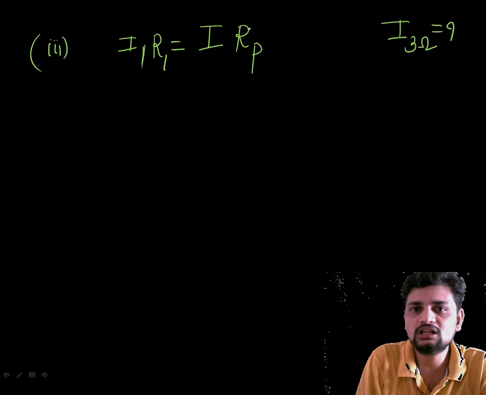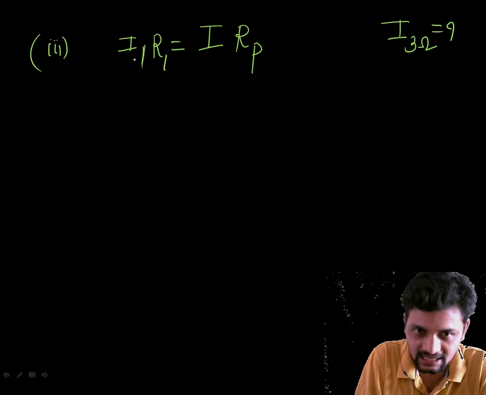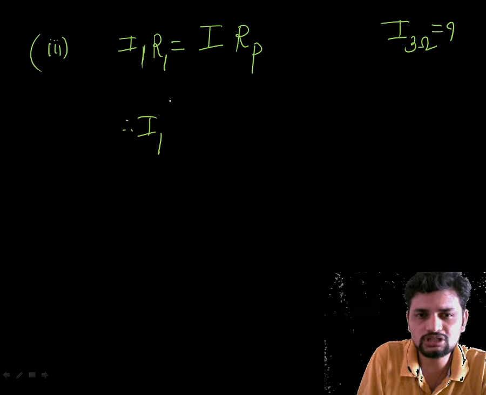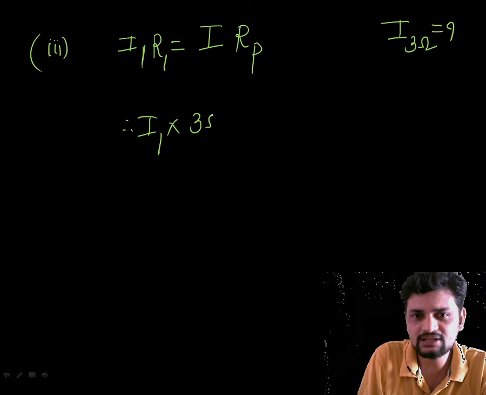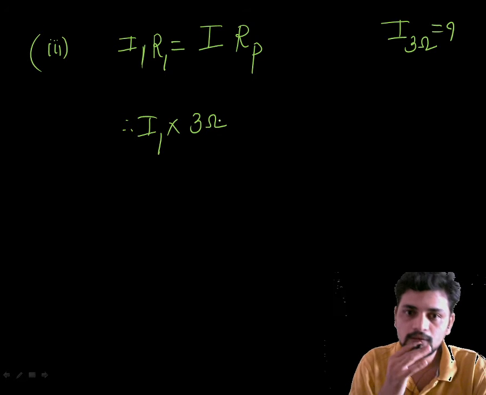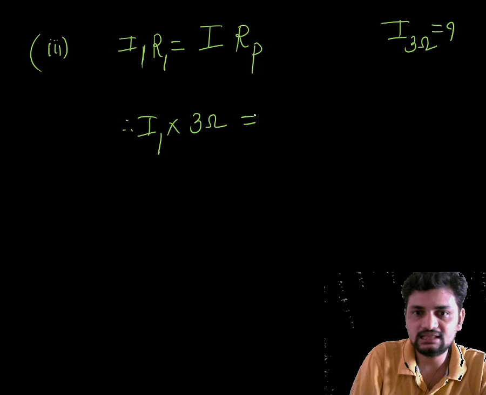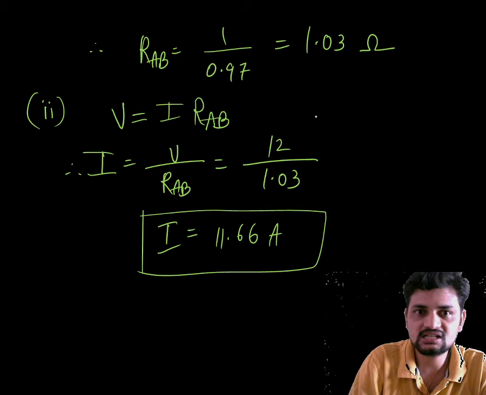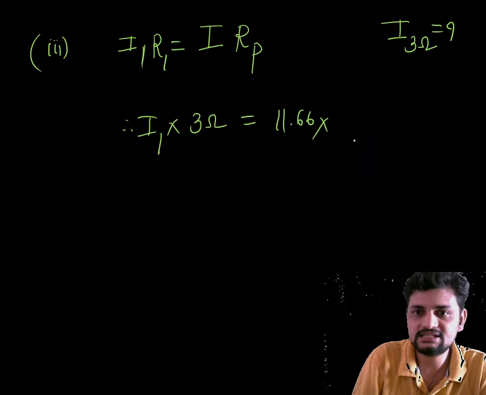If you do the product of total current and effective resistance, you will get the multiplication of individual branch current and individual resistance. So they are expecting us to find the current through 3 ohm. So I1 is what I will consider. R1 is nothing but the upper branch, because they want us to find the current only through 3 ohm, and we found the total current which is 11.66 into Rp, which is the total resistance between AB. This you can call Rp, which is 1.03.